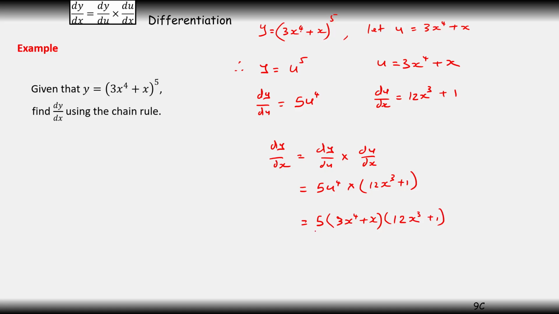So that's a complex function, because we have 3x to the power of 4 plus x, all raised to the power of 5, differentiated by using a separate function u. So hit pause, copy the example down. When you're ready, hit play again, and we'll look at another example.